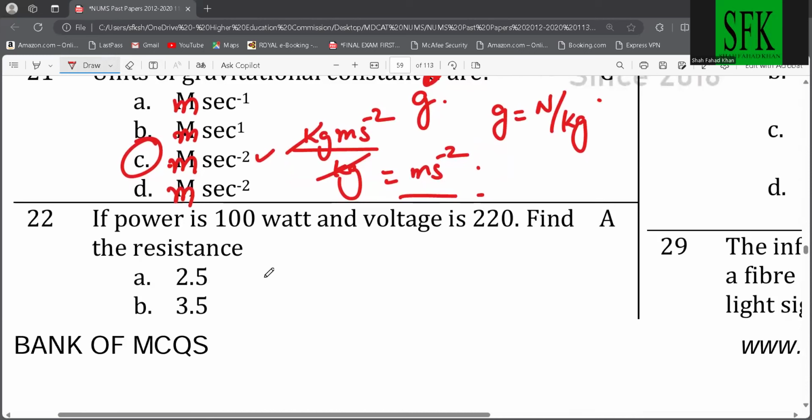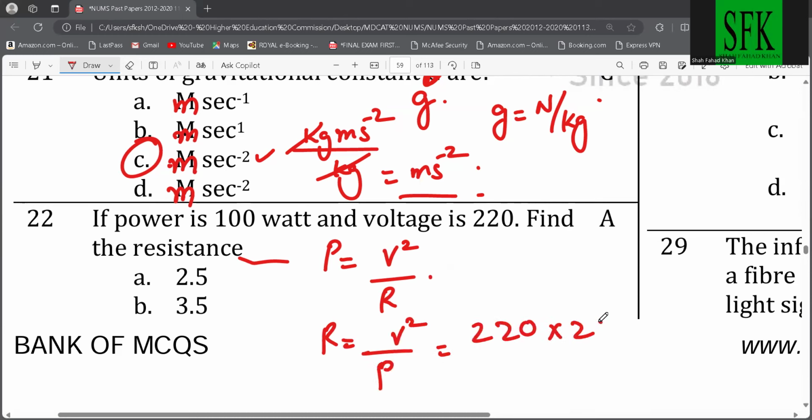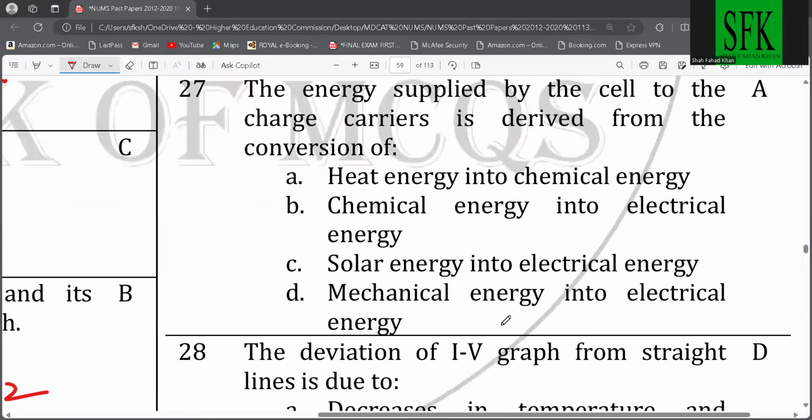If power is 100 watt, the voltage is 220 volts. Resistance? Power is V squared over R. So R equals V squared over power. So voltage squared, 220 multiplied by 220 upon power, which is 100. 22 multiplied by 22.